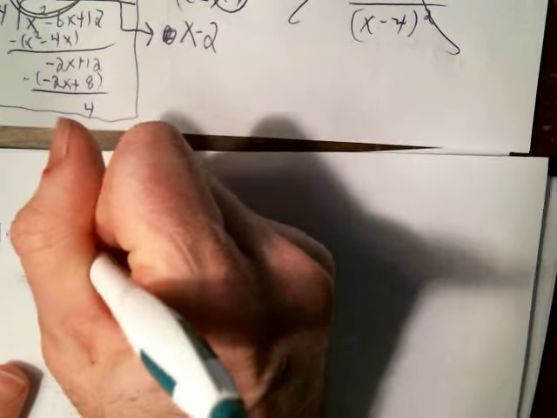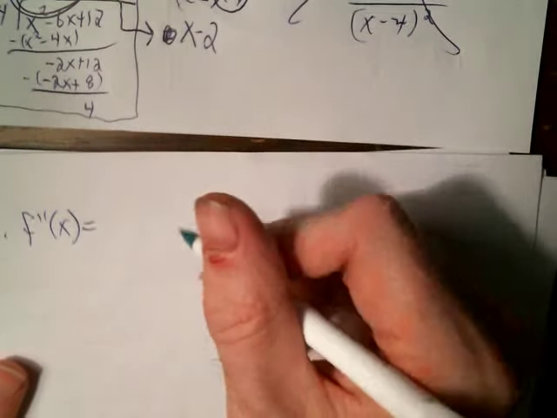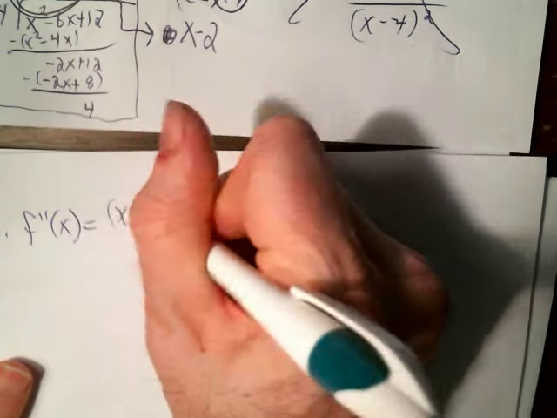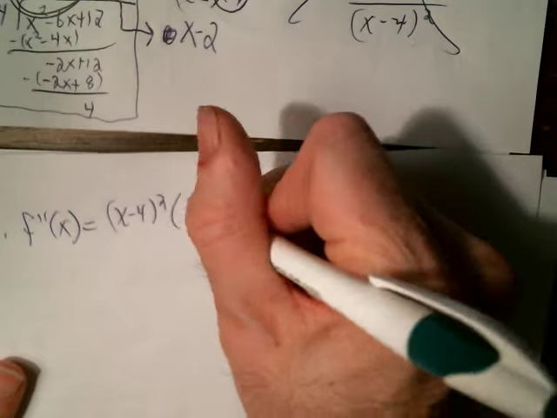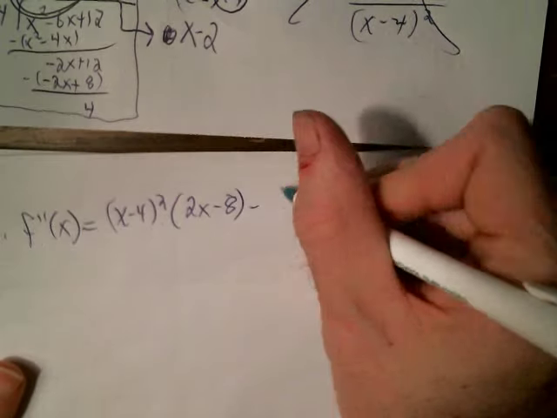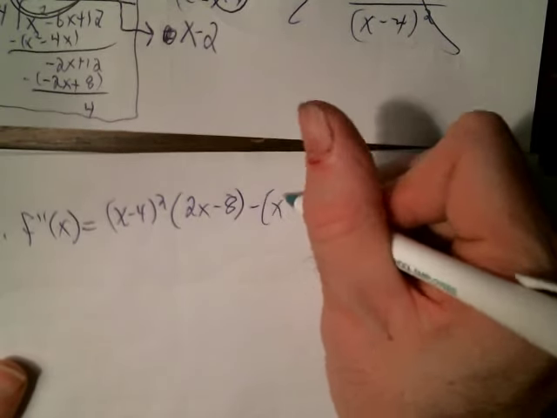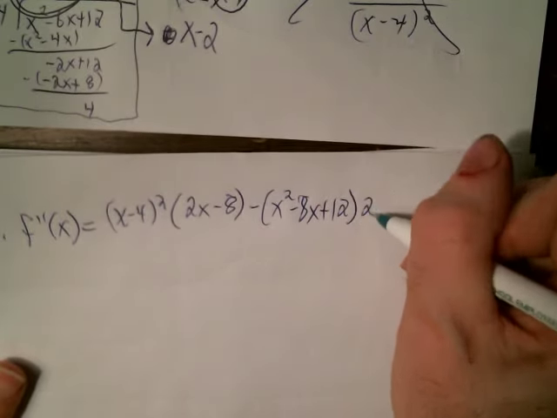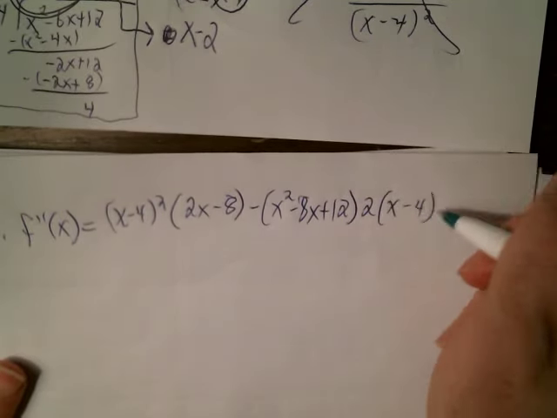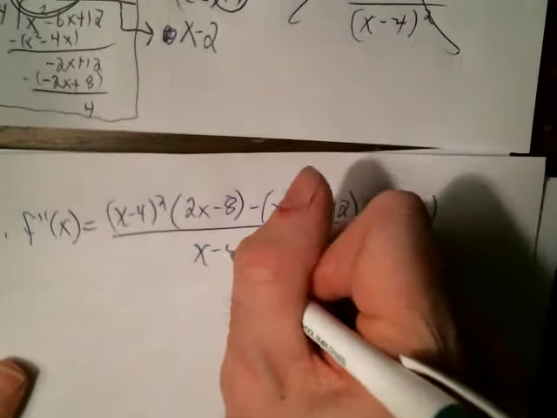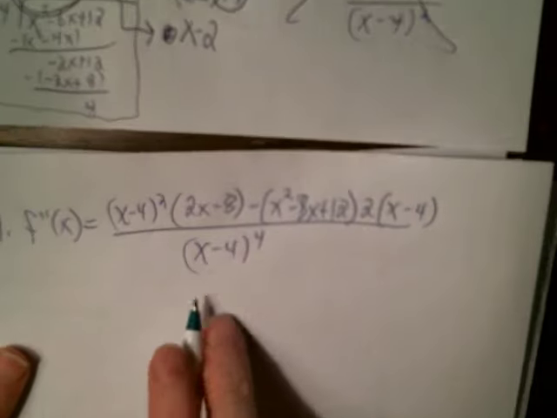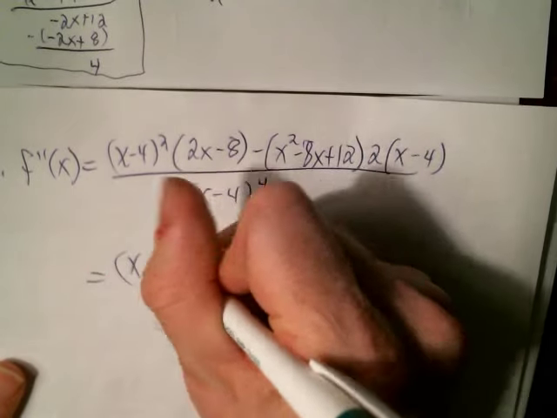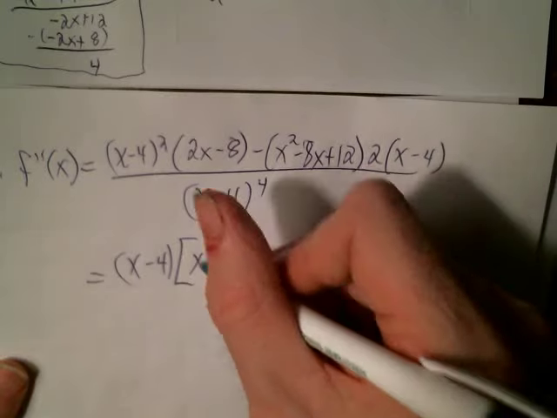The second derivative of x, I have low d high, so x minus 4 squared times the derivative of the high is 2x minus 8, minus high d low. So I'll have x squared minus 8x plus 12 times 2 times x minus 4 all over x minus 4 to the fourth. You can factor out an x minus 4. Way too optimistic in my last factorization.